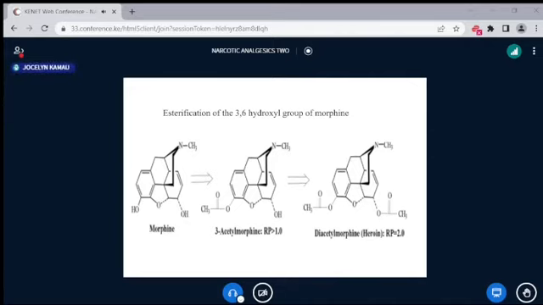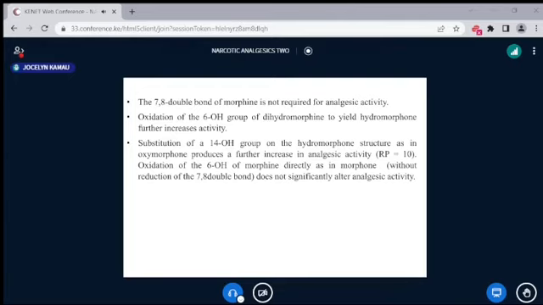But the minute you acetylate that, to get the diacetyl, you find the compound has double the analgesic activity of morphine because of the increase in lipid solubility, as we have already discussed, and increase in distribution to the CNS.